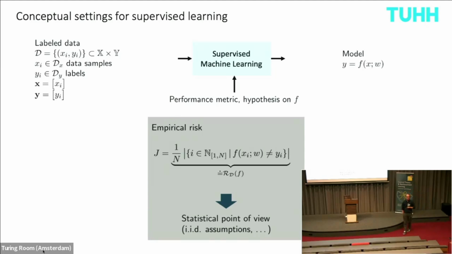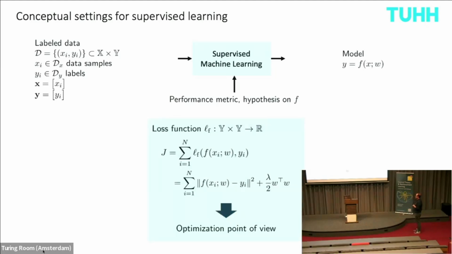And that's called the empirical risk. That's how often do I get it wrong on my data. As an optimization and optimal control person, I'd rather look at supervised learning like, you give me a loss function, maybe that's as simple as L2 error, and you give me some regularization and I want to understand how this affects the outcome. These are two very different perspectives, and the question is, can we bring them together?